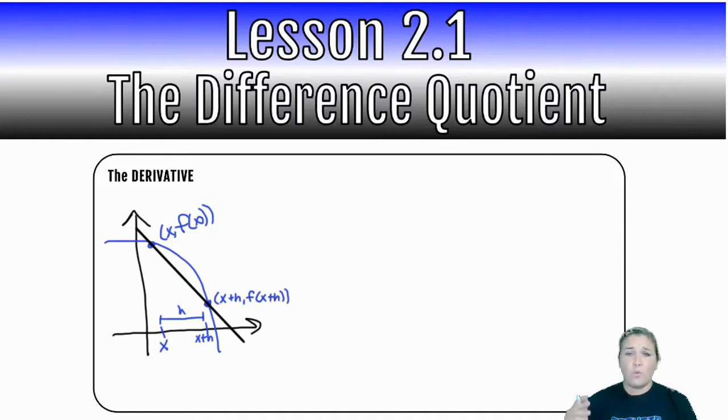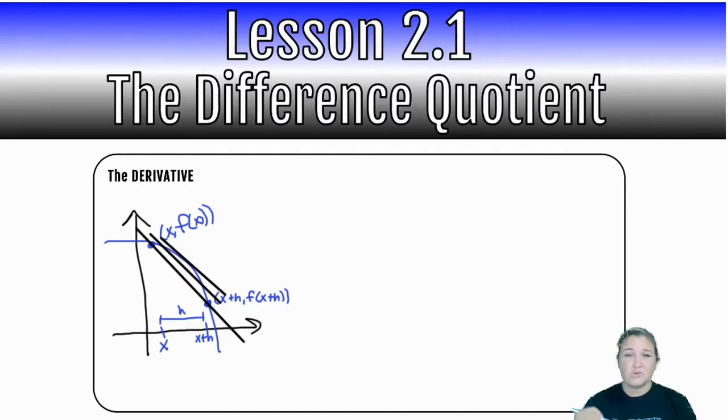If we want the slope of the tangent line, we make another secant line a little bit closer, and a little bit closer, until we find that tangent line.